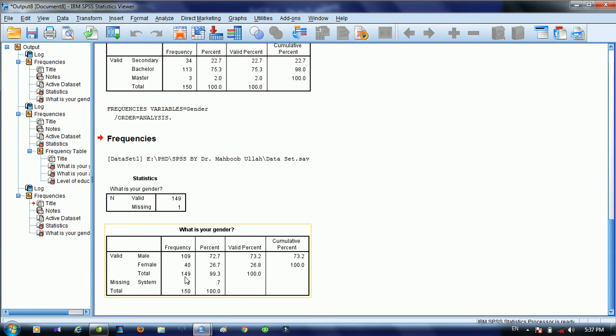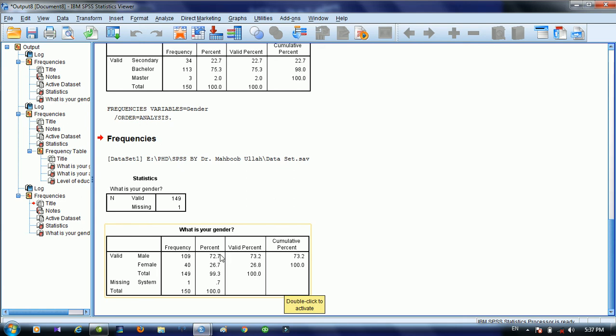Now come to this table. Here you can see male, female, and the total is 149. In fact, our total respondents were 150, but out of 150 only 149 responded to the question whether they are male or female. So missing system is 1. Now come to the next column, that is the percent column.